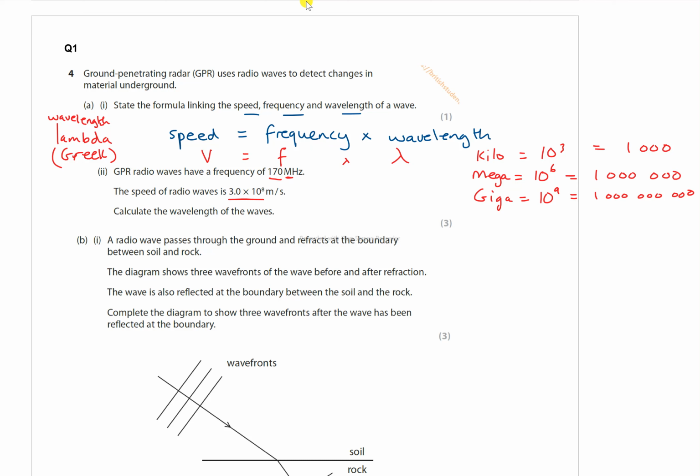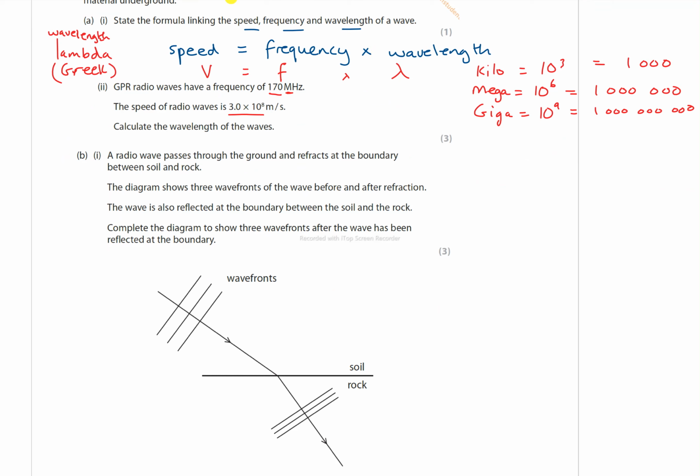Right, we need to work out the wavelength. So we know speed is 3.0 times 10 to the 8, and frequency is 170 times 10 to the 6, times wavelength. Then we rearrange this, but we don't solve it just yet.